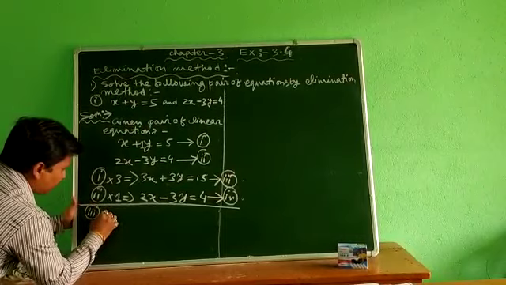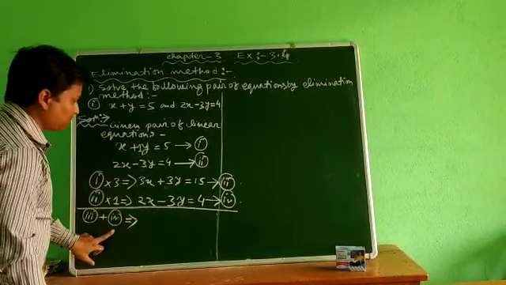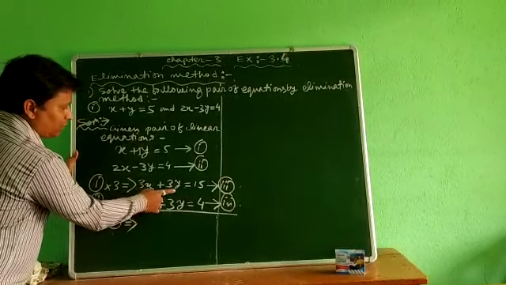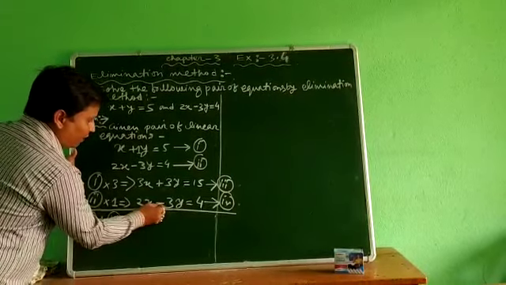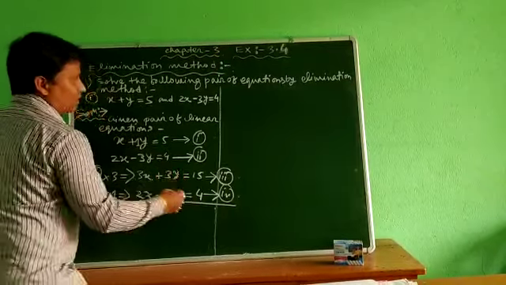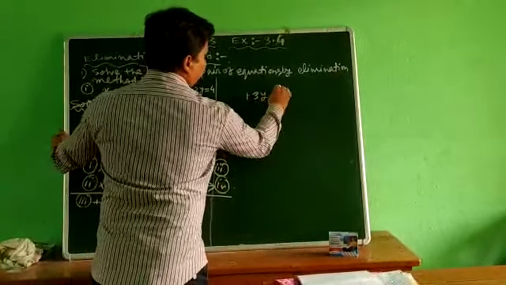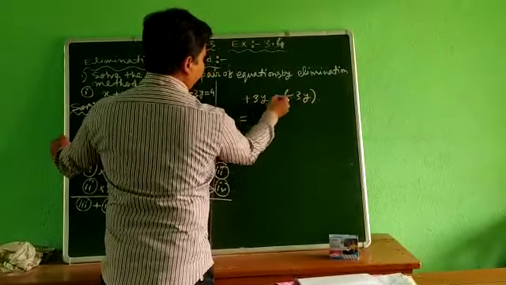3 plus 4. That means x term adds with x term, y term adds with y term. If you add plus 3y and minus 3y, what do you get?